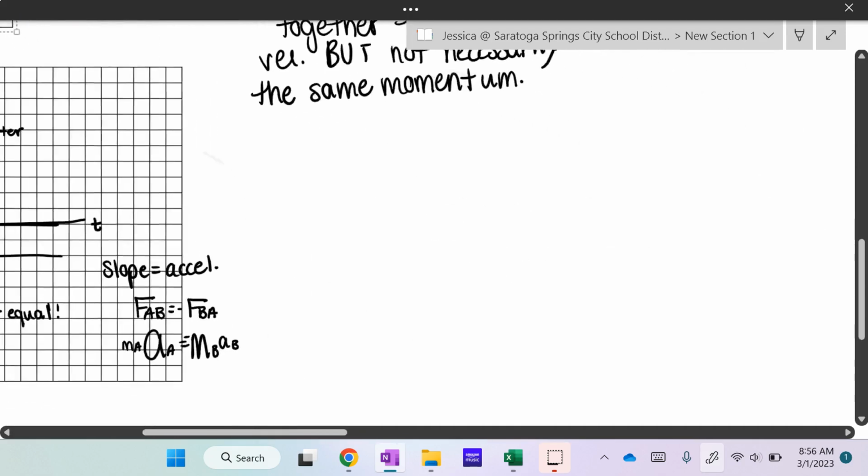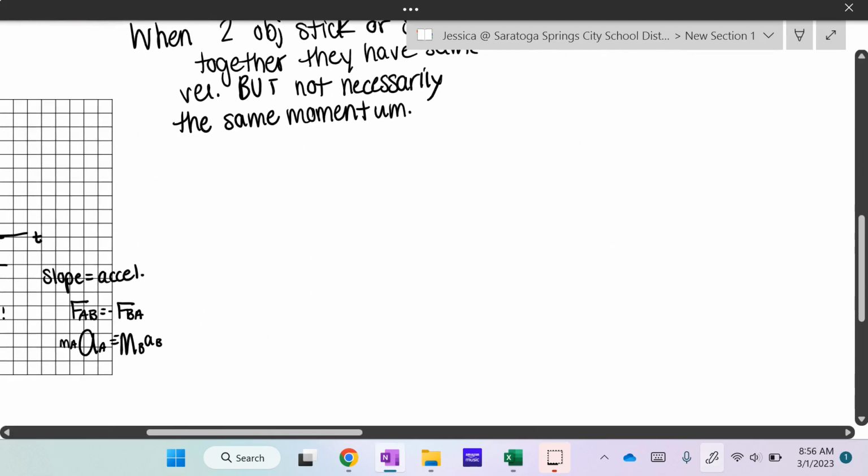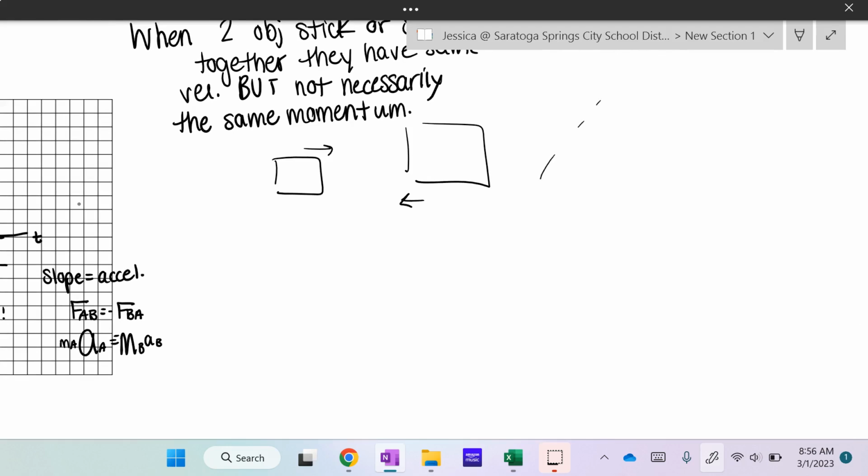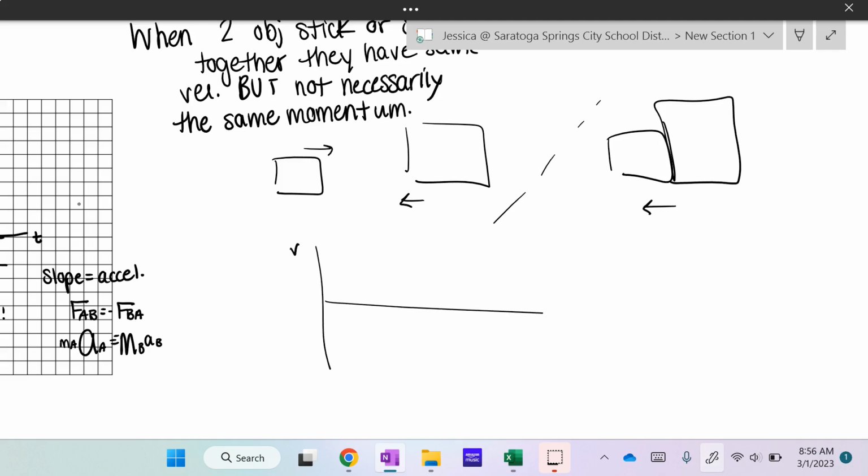Okay, so just kind of like quickly sketching something out. If I have one object moving like this and a bigger object moving like that, and then maybe after the collision, they move together to the left, my velocity versus time graph would probably look something like this, right? Like that.